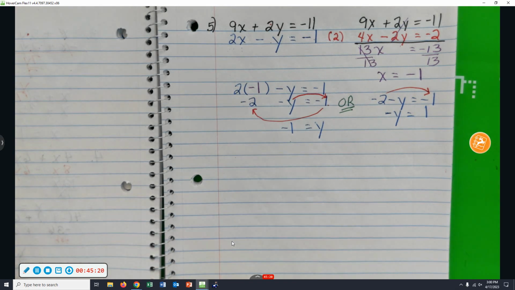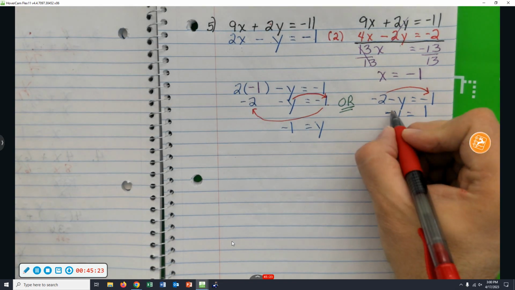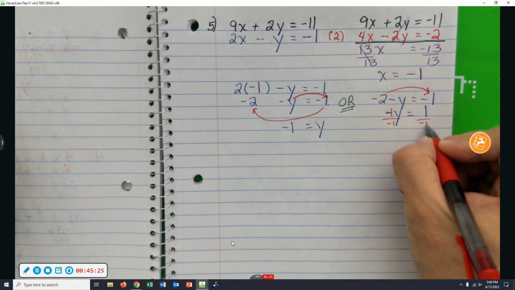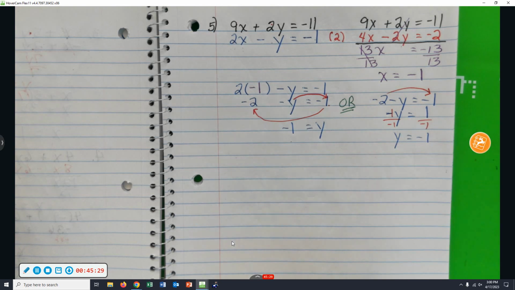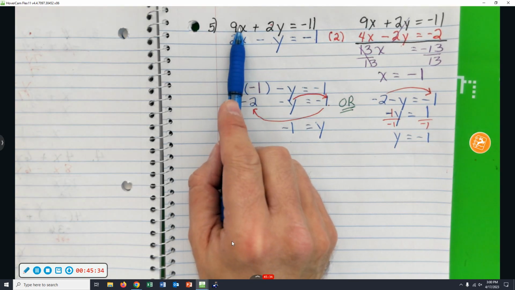Divide by negative 1 to get the same answer. Y equals negative 1. So it really doesn't matter which one you do. It might have been easier to plug in the negative 1 right here.